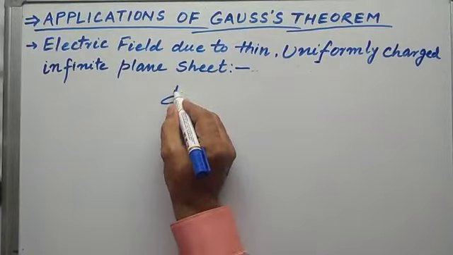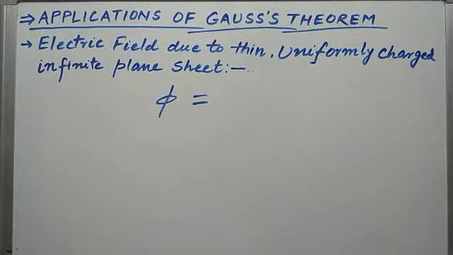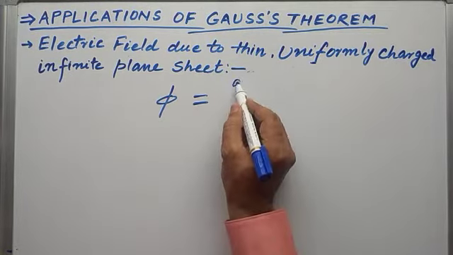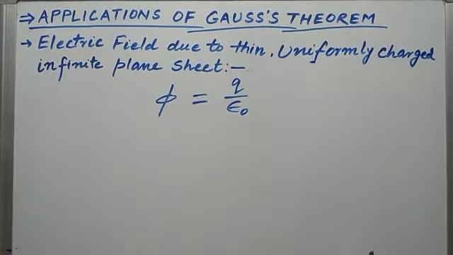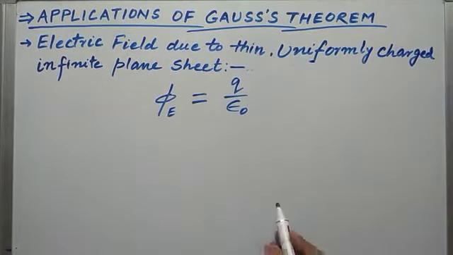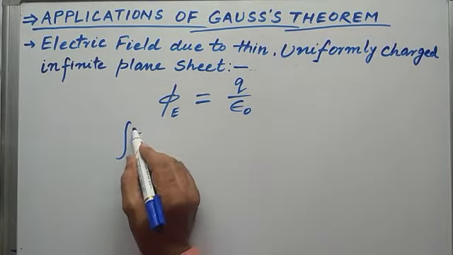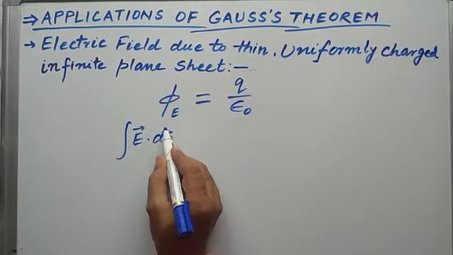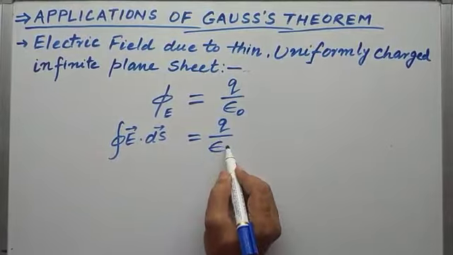What is Gauss theorem? The net electric flux linked through a closed surface is equal to 1 upon epsilon naught times the total charge enclosed by the closed Gaussian surface. So we can write phi equal to q by epsilon naught. Mathematically we can write the integral of E dot ds over the whole surface equal to q by epsilon naught.